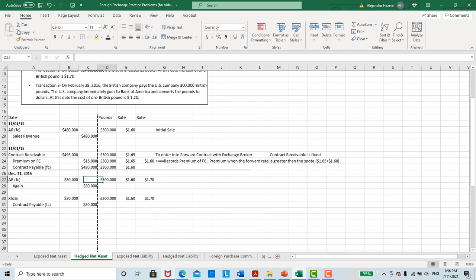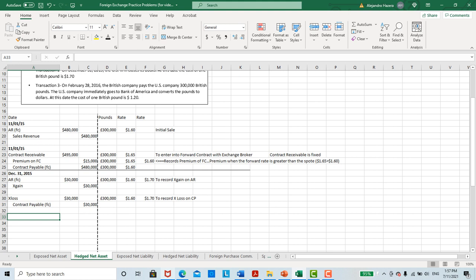So these two entries are to record exchange gain on account receivable. This one is to record exchange loss on contract payable, CBB contract payable. Okay, the final thing we're going to do here is amortize our premium.